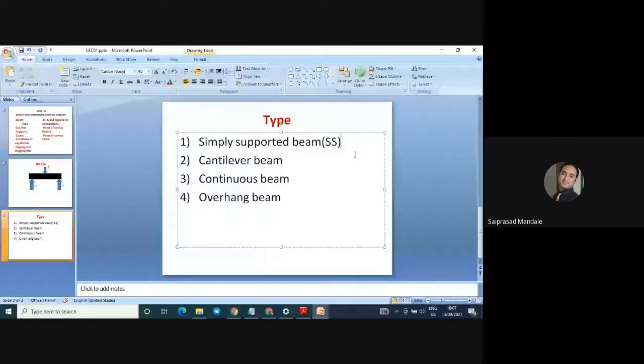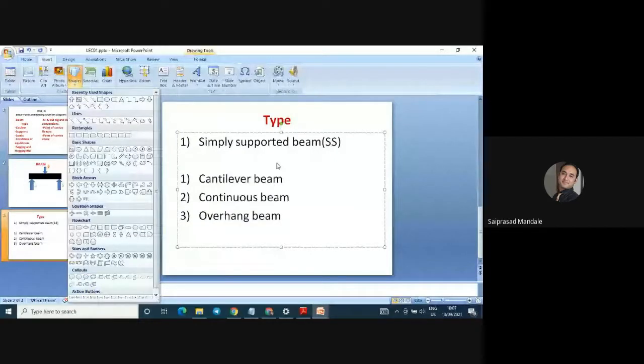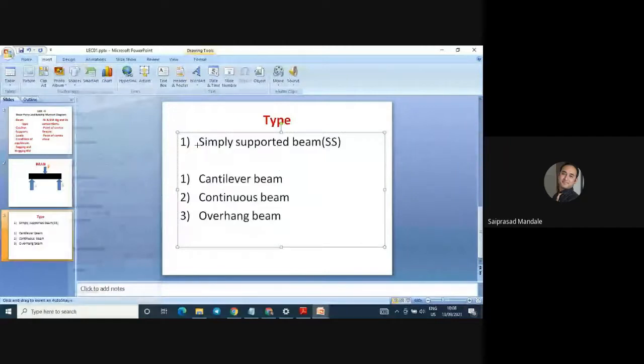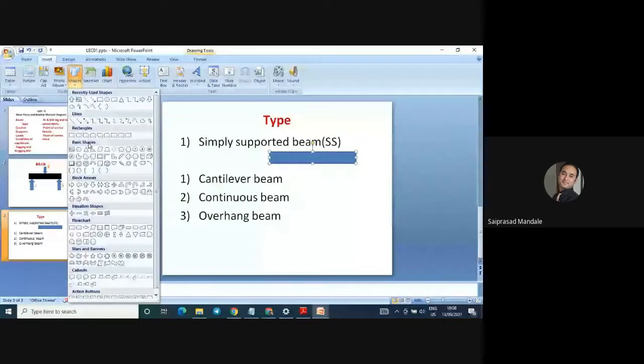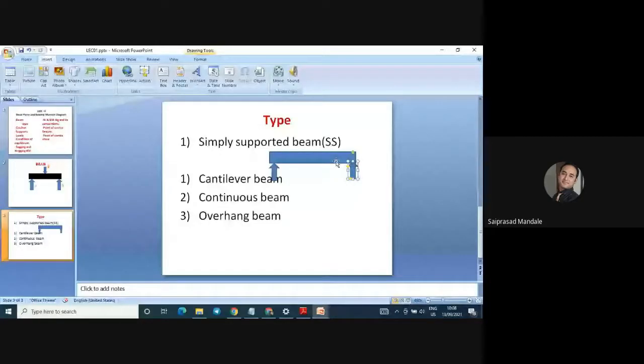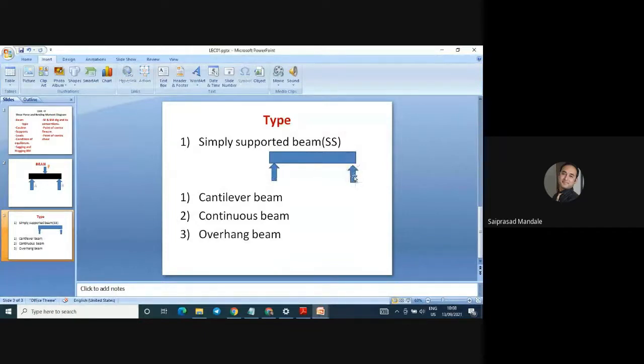That we'll be looking at. First, the simply supported beam: the beam which is supported by two supports, and the supports are at the extremities.